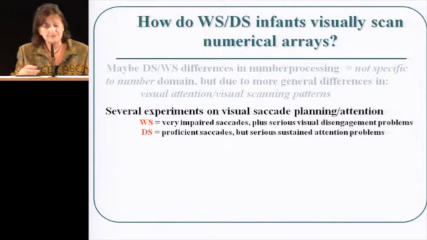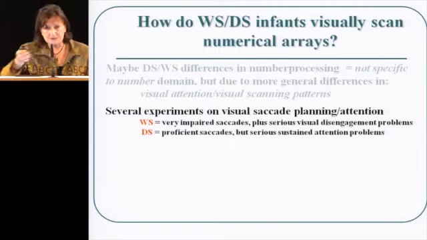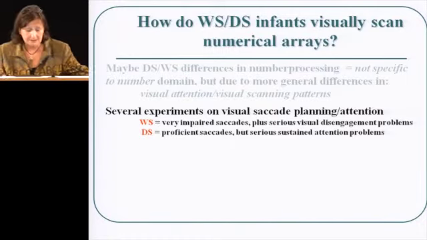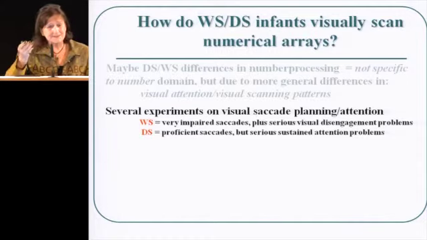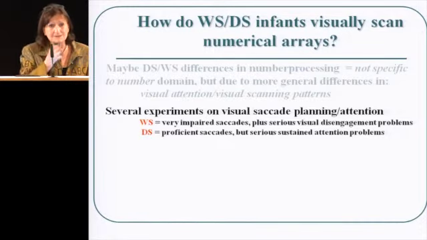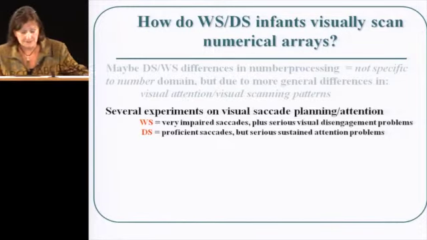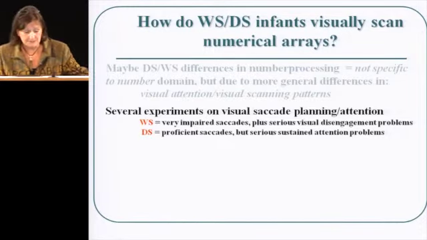In Down syndrome, we found very much the opposite. They were very good at planning visual saccadic movements. We have a very nice study showing that, and they look very much like the typical controls. But they had a much more serious problem with sustained attention. They couldn't fixate and remain fixated. And we'll come back to those two differences later.